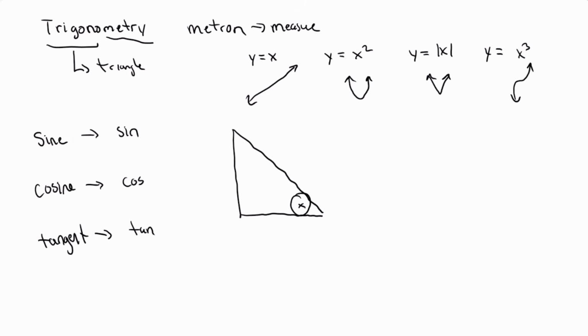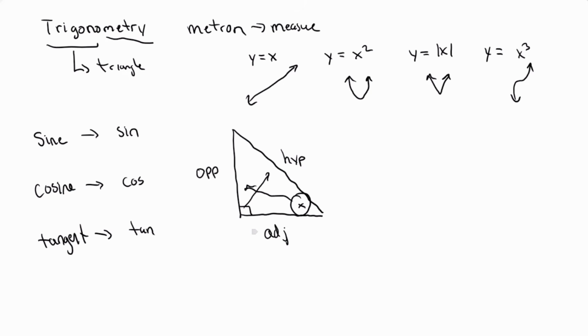So if I am looking from this angle X and I have a right triangle, and all of your trigonometry at the start is going to be a right triangle, across from angle X is what we call the opposite side. Across from any right angle is always going to be the hypotenuse. And next to the angle is going to be the adjacent side, ADJ.